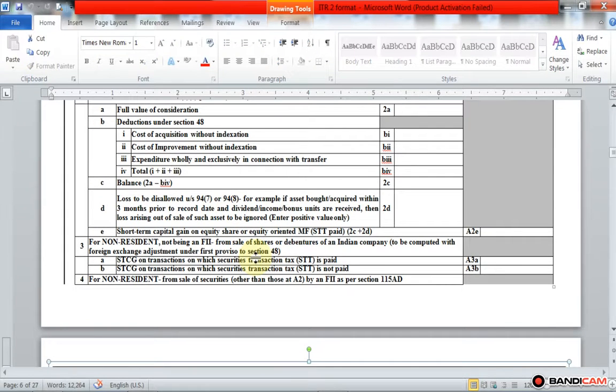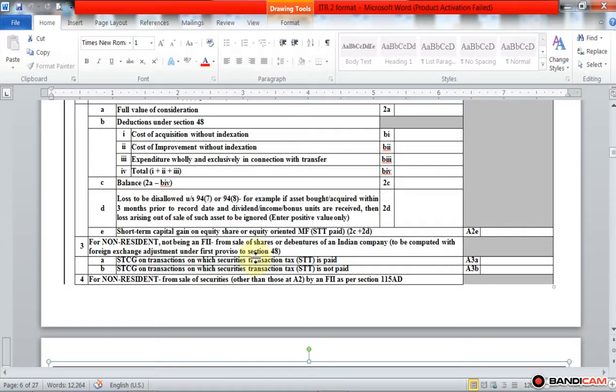Remember one thing: loss on sale of equity shares or units is not taken into consideration, it is ignored. Enter a positive value here. It means if you deduct the loss in your statement, then this loss is disallowed for filing ITR 2.